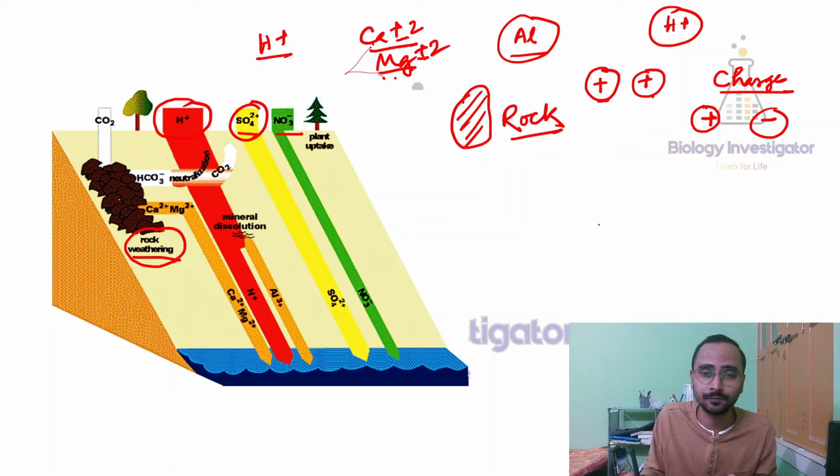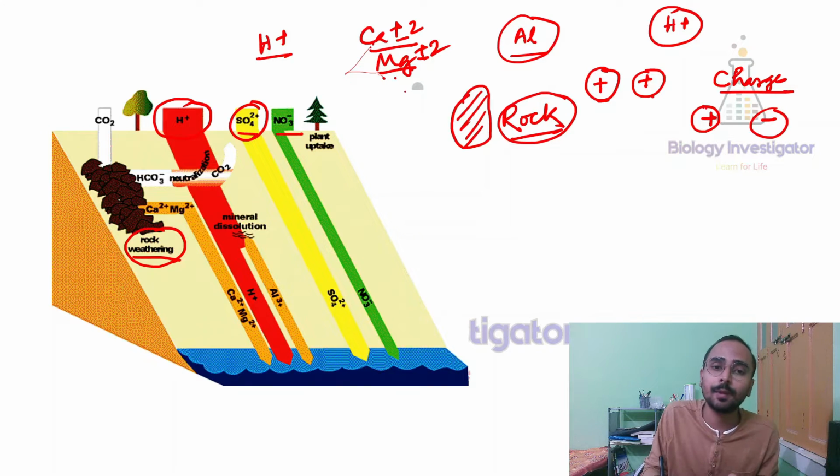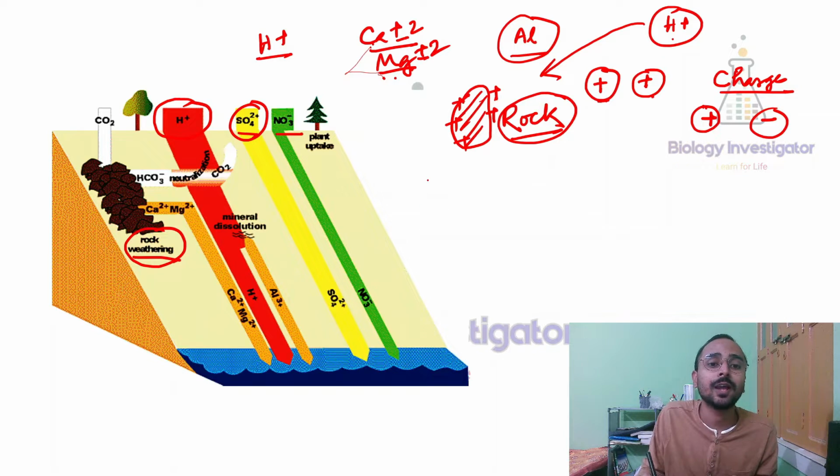এদের চার্জ পজিটিভ। So calcium and magnesium are positively charged, okay, and in rocks this calcium and magnesium are abundantly present. তারা বহুল পরিমাণে এই রকের মধ্যে থাকবে, এবং আমরা দেখতে পাবো এখানে প্লাস প্লাস প্লাস প্লাস রয়েছে। And then H plus comes after heavy acid rain, okay.